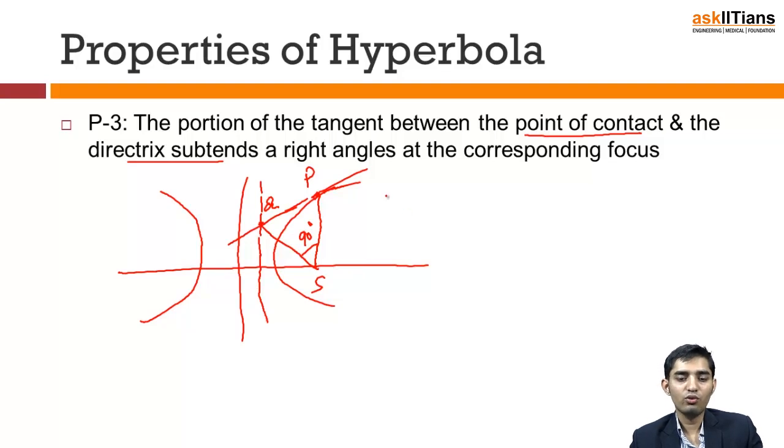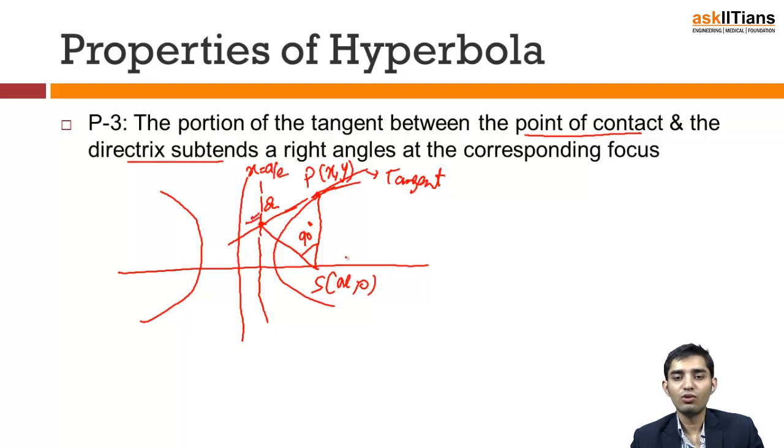And you can also prove this. You can take this point as known, A comma 0, and take the point P as some general xy, right? You can find out point Q by writing the equation of the tangent at point P, and then solving it with x equal to A by E, the directrix.